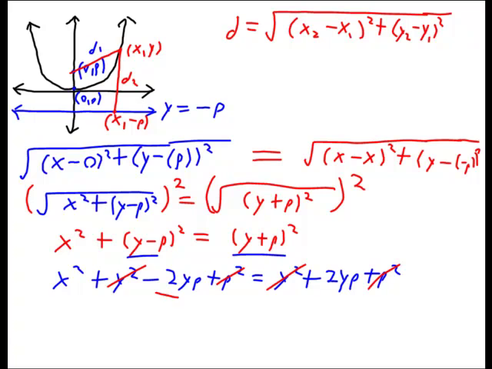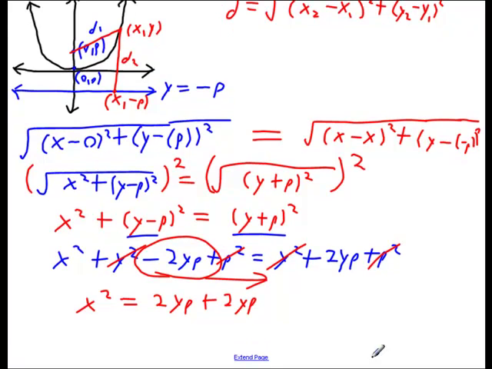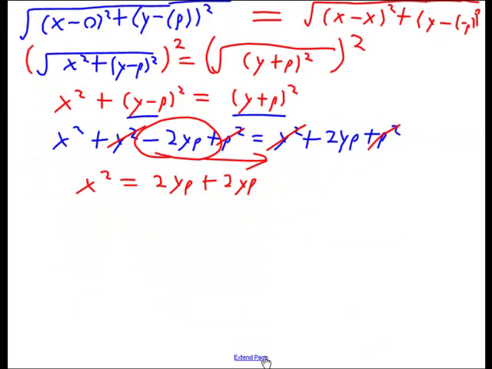Now if we take this negative 2yp and we add it to bring it over to that side, we're left with just x squared equal to 2yp plus 2yp. And obviously we can combine those terms and we get our standard equation for the parabola. x squared is equal to 4py.